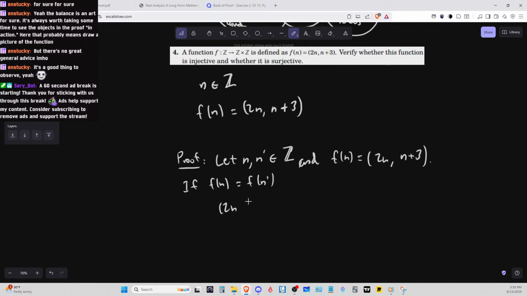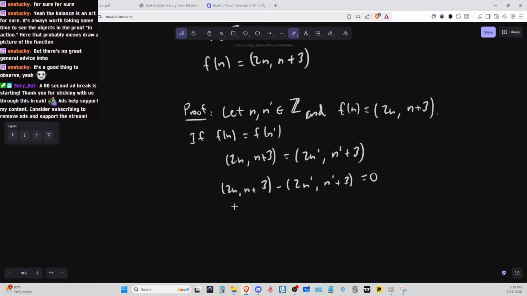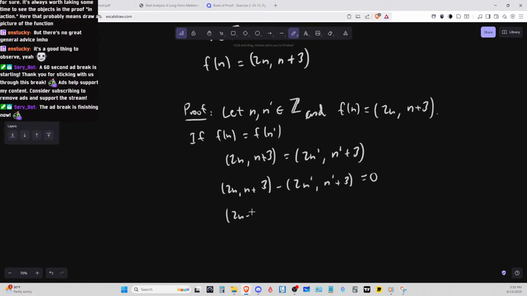Because thinking about it like this, where it's 2n prime and n prime plus 3. The thing is that if you try to actually solve for one of them, you can't really do that, because you end up with something similar to this, where it's equal to 0, and at this point you're going to be left with 2n minus 2n prime, and then n minus n prime.